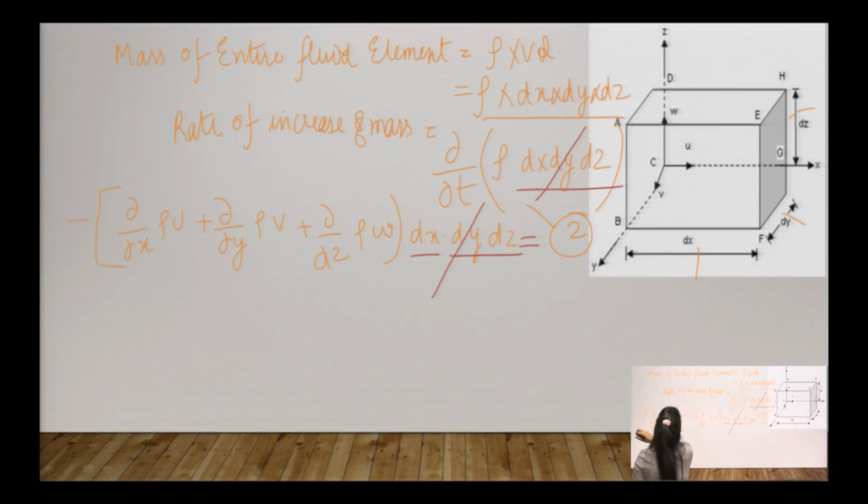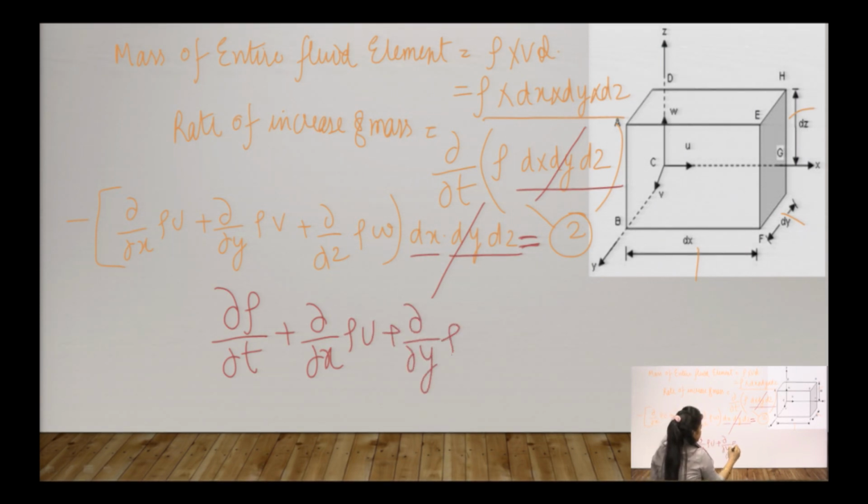Here itself you can see, taking them to the other side of the equation, you are getting the change in density with respect to time as a positive term, it was already positive, and taking all these to that side, the change in velocity in x direction plus the change in velocity in y direction plus the change in velocity in z direction is equivalent to 0.